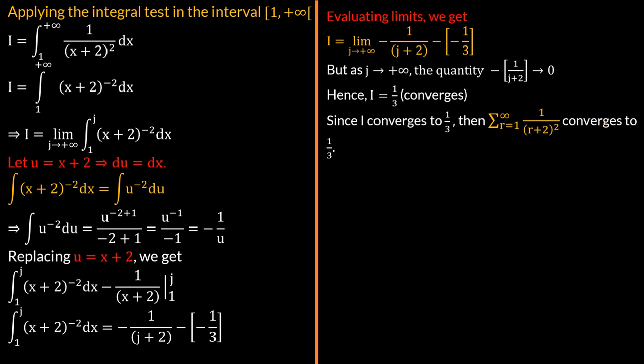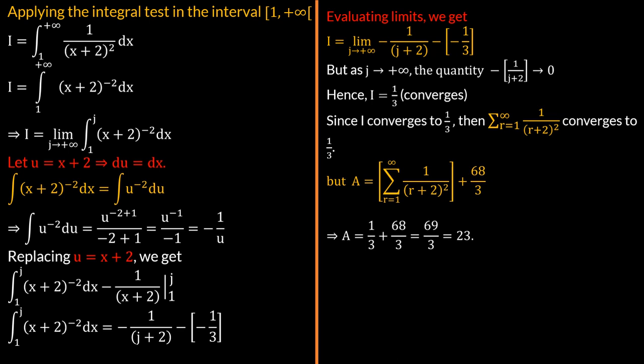But notice, we knew that A was given as the sum as r runs from 1 up to infinity of 1 divided by (r plus 2) all squared, plus 68 divided by 3. So can we get the value of A? Yes. Deducing the age of Mr. Lord James, we clearly see that this sum converges to 1/3.